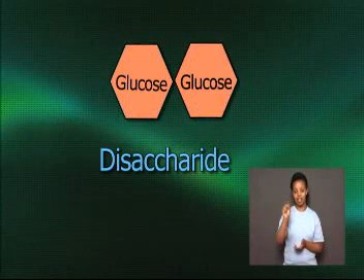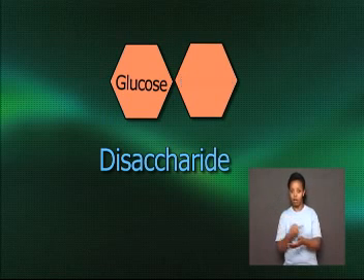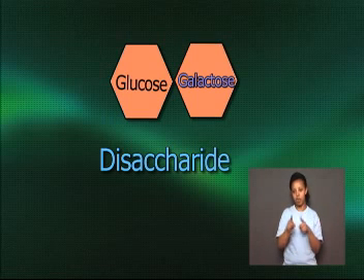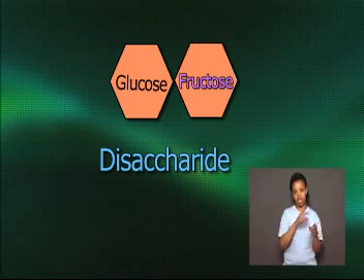Disaccharides include maltose, which is glucose bonded with glucose. They also include lactose, which is glucose bonded with galactose, and sucrose, glucose bonded with fructose. Shall we continue the lesson?